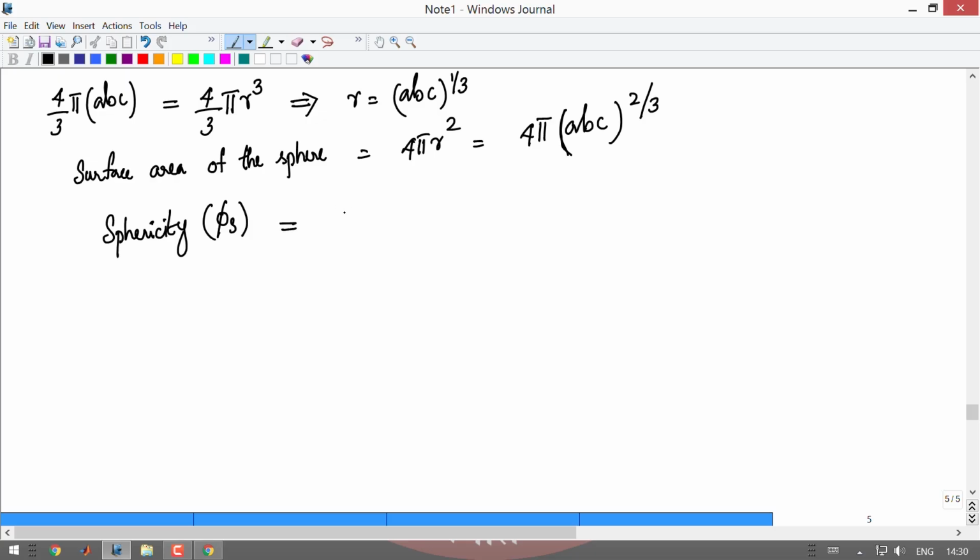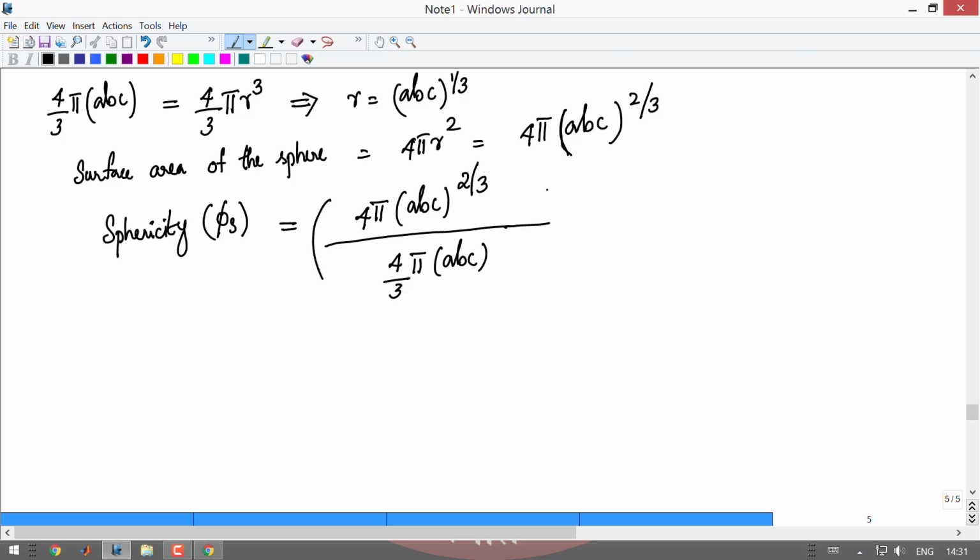So, it will be surface area of the sphere, 4 pi times ABC to the power of 2 by 3, divided by volume of the sphere, which is actually 4 by 3 pi r cube, but we know that it is the same as the ellipsoid, so we will use the volume of the ellipsoid, which is 4 by 3 times pi times ABC.